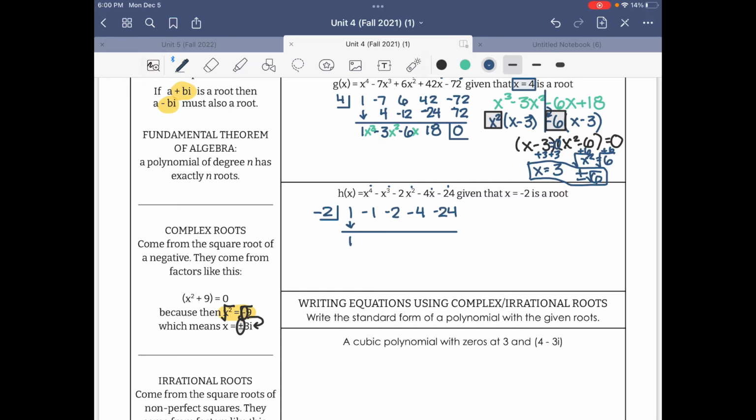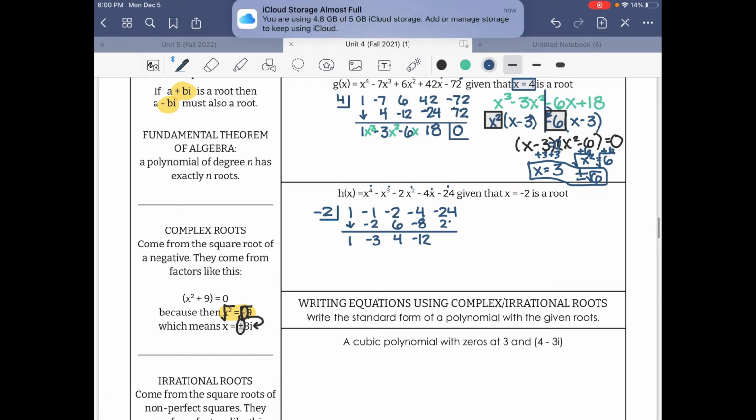1 times negative 2 is negative 2. Negative 1 plus negative 2 is negative 3. Negative 2 times negative 3 is 6. Negative 2 plus 6 is 4. Negative 2 times 4 is negative 8. Negative 8 plus negative 4 is negative 12.